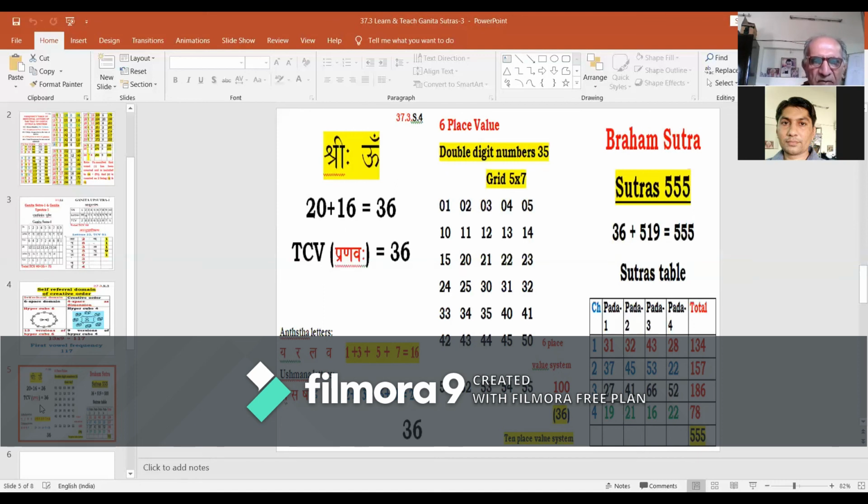With it, one can blissfully absorb and have appropriate enlightenment and a proper insight into the Vedic origin of the Ganita Sutras.